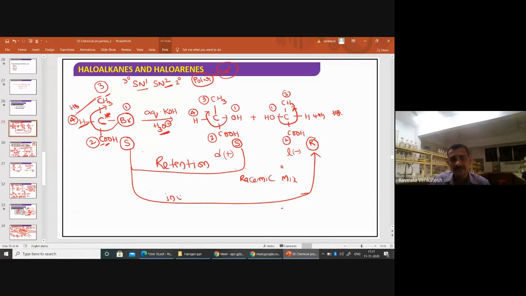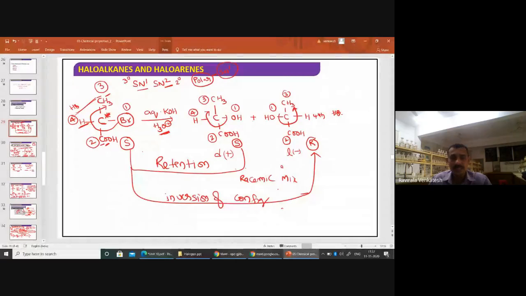Inversion of configuration. Now, I am concluding here: in the SN1 mechanism, if the reactant has a chiral center, the product is what? A racemic mixture. We are going to get two products equally. One is the retention product and the other is the inversion product.